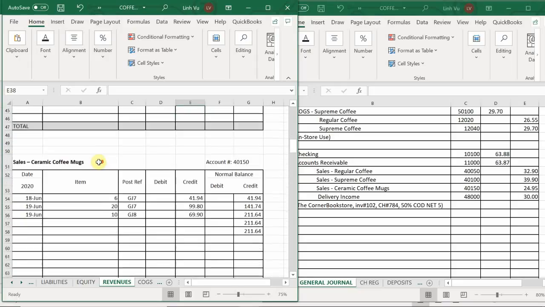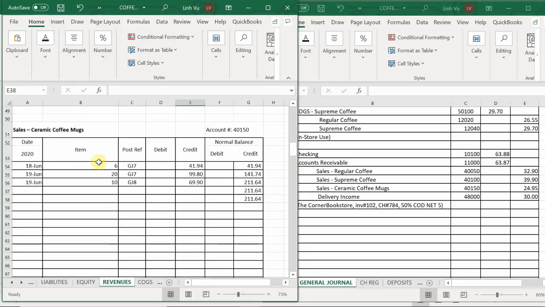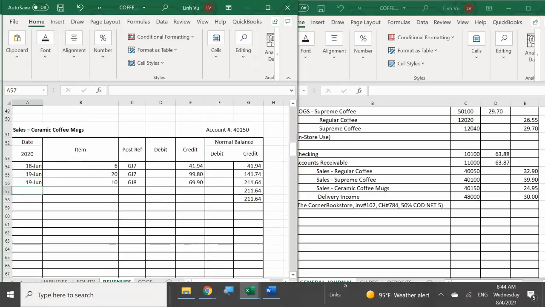We still have to do one more, which is the ceramic coffee mugs. The 20th. We got 5 coffee mugs. Do we list that? Yes. General Journal 8, and a credit for 24.95.